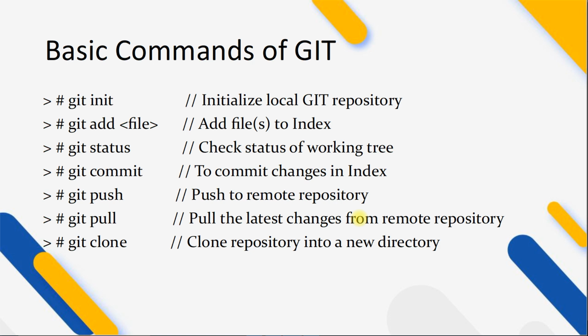Once you clone, whatever directories or files we have in the central repository will come to your local repository and you can use them. So these are some basic commands of git. I will show you the demonstration also, and in the demonstration I'm going to use all those commands.